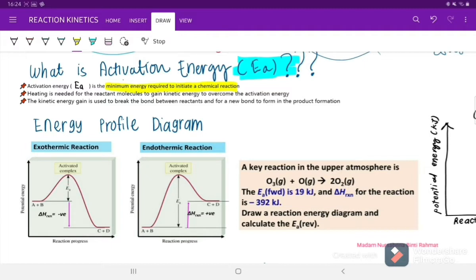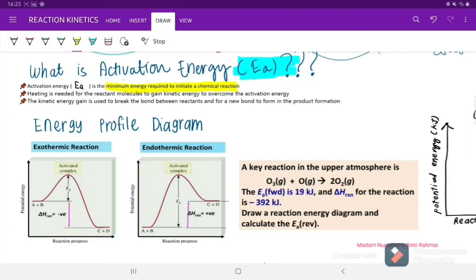For any reaction to take place, the reactant molecules must have kinetic energy at least equal to the activation energy. Every chemical reaction has a specific value of activation energy, so it is a fixed value and there's nothing that we can change about it.